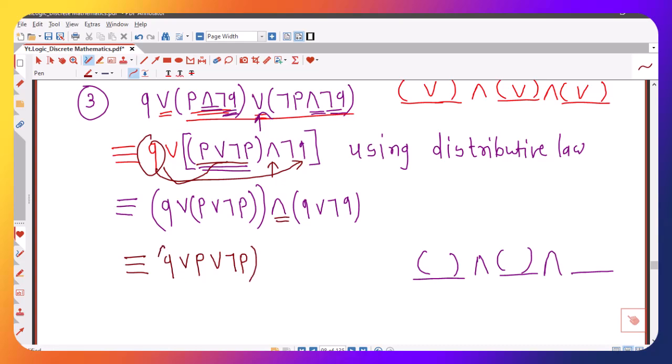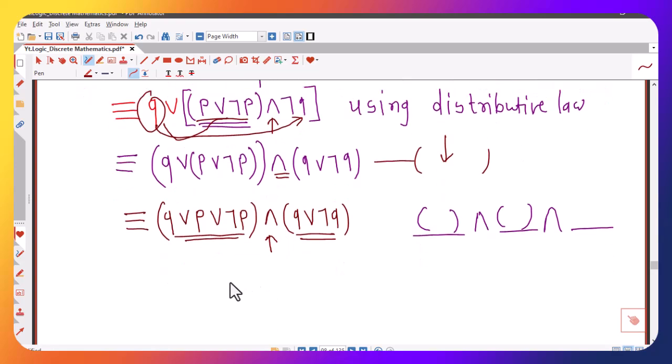So this becomes an elementary sum, AND operator, this is also an elementary sum, and here also I am using distributive law. So now you can see this is an elementary disjunction, this is also an elementary disjunction. They are connected by conjunction operator, therefore this is in conjunctive normal form.